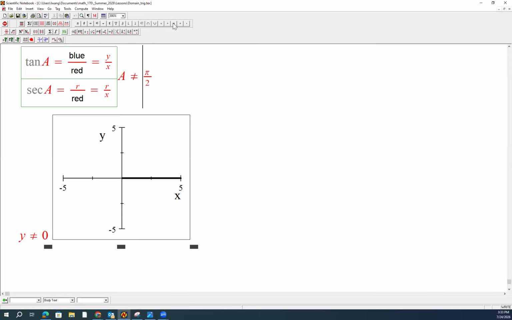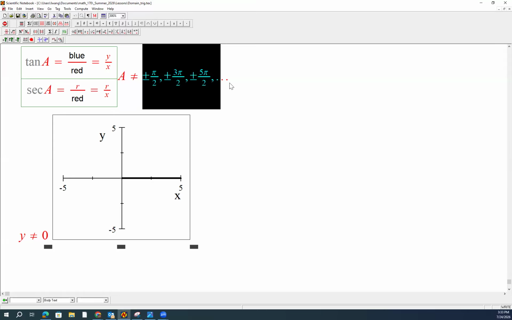It cannot be positive or negative pi over 2, positive or negative 3 pi over 2, and so on and so forth. So odd number multiples of pi over 2. These are the angles that cannot be the input for tangent and secant.